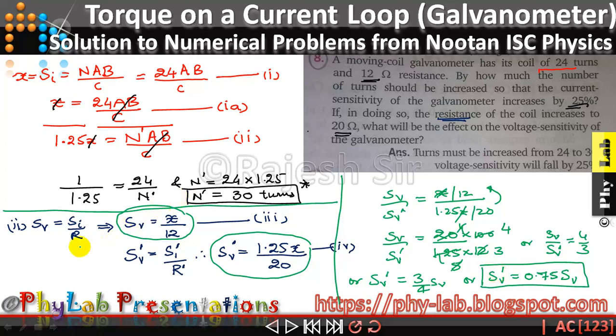So you can conclude that the new voltage sensitivity is now 0.25 times lesser than the original voltage sensitivity, or 25% smaller. I hope this gives you an insight into how to solve this type of numerical problem.